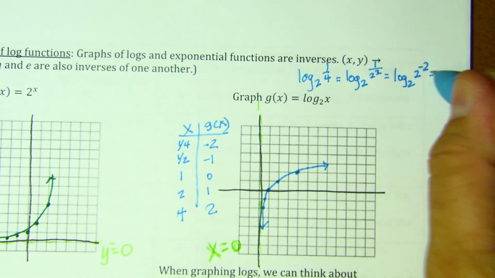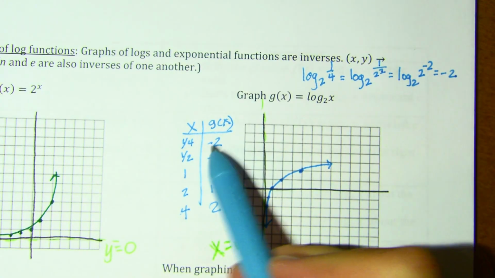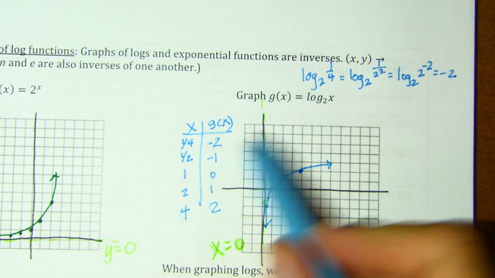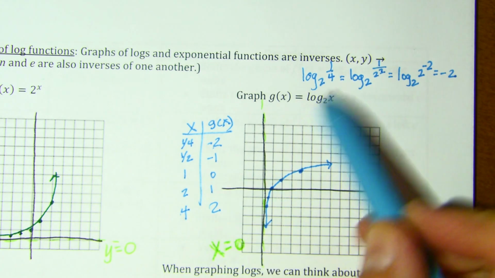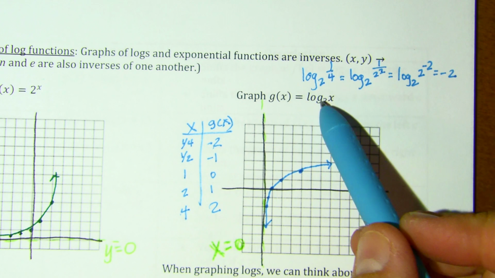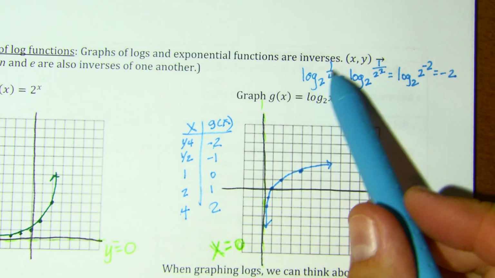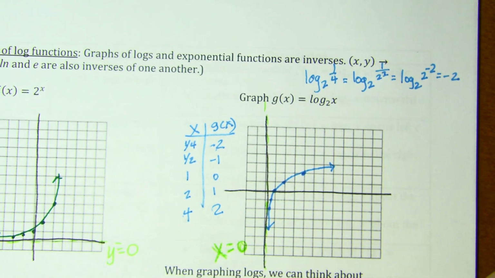So this would be equal to -2, which is exactly what we get as our output. And we could follow these same rules again for 1/2, and I'd get -1. Plugging in 1, well, log base anything of 1 is equal to 0. Log base 2 of 2, if I plug in 2 and 2, those are the same number, so it would just be equal to 1. If I plugged in 4 here, 4 is the same thing as 2 squared, and so it would be equal to that exponent 2.